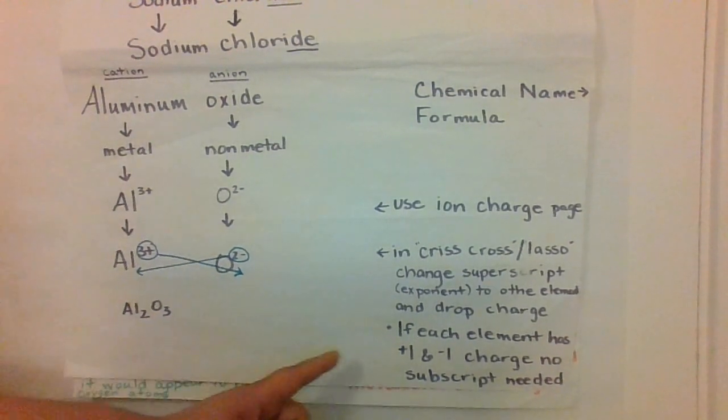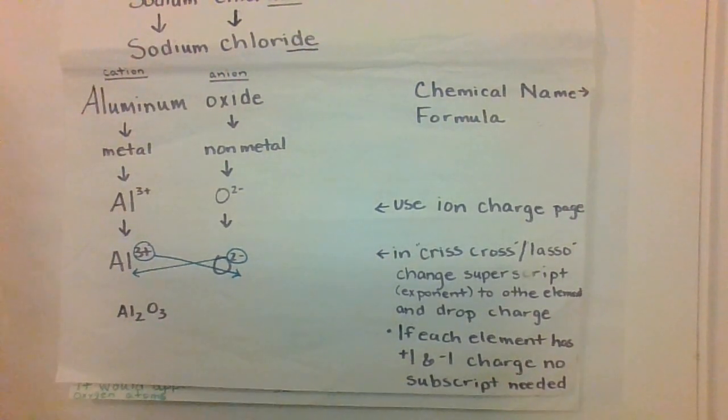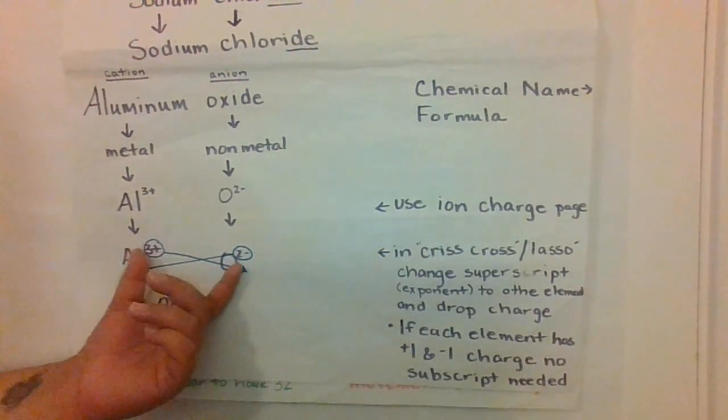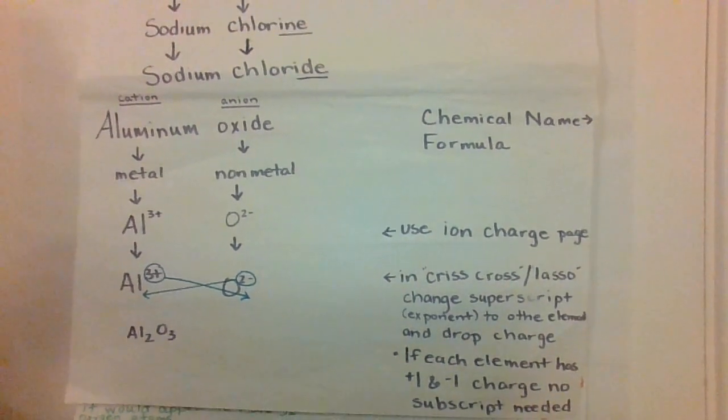And it tells you here, if each element has the same charge, no subscript is needed. So if both of these had been a 2, it would not have been necessary for us to place that there. Okay, so we have done ionic compounds. Please, if necessary, take a moment here and pause.